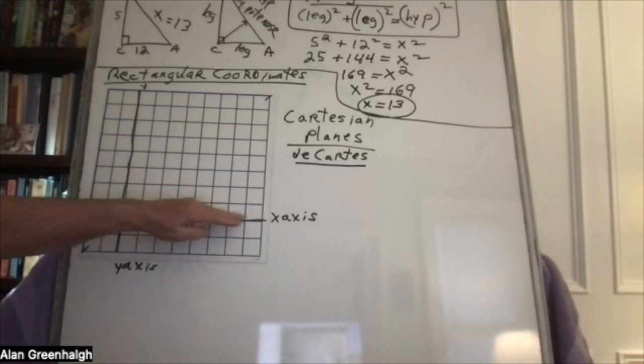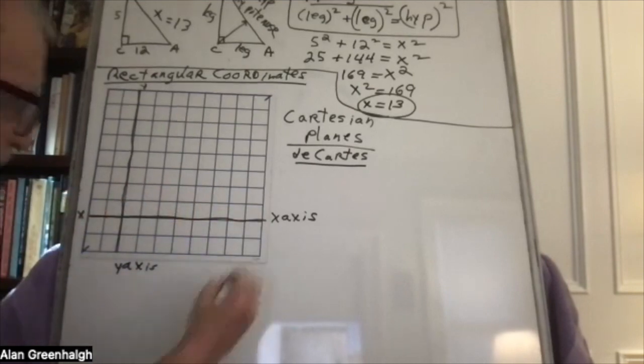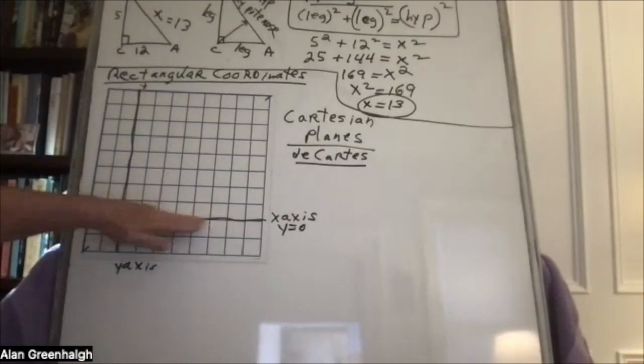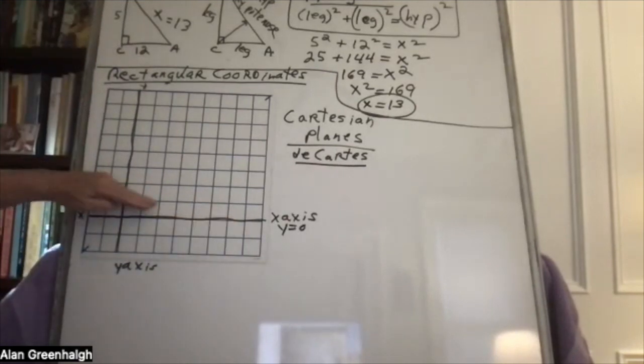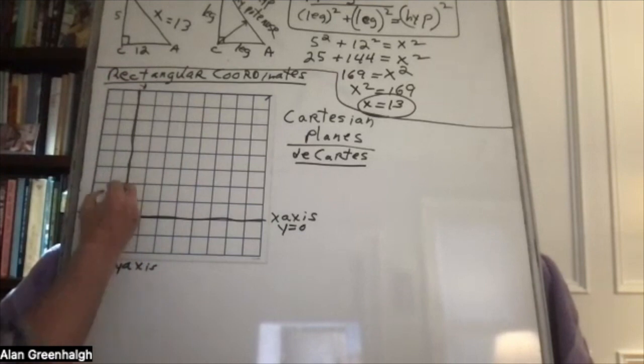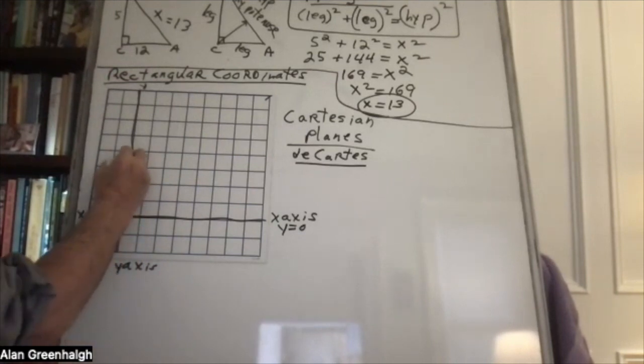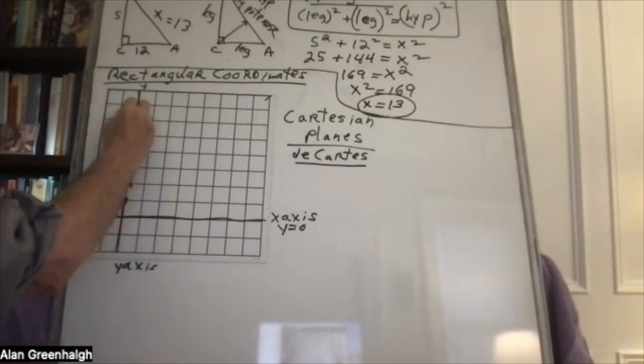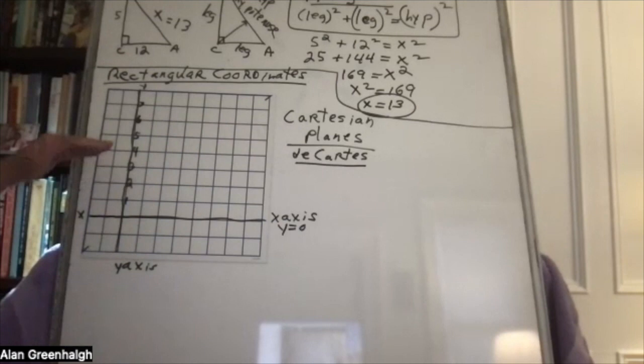All along the line which is the X-axis, Y is equal to 0. As you go up, Y will be equal to 1, 2, 3, 4, 5, and so on. Going in the negative direction, it'll be equal to -1, -2, and so on.